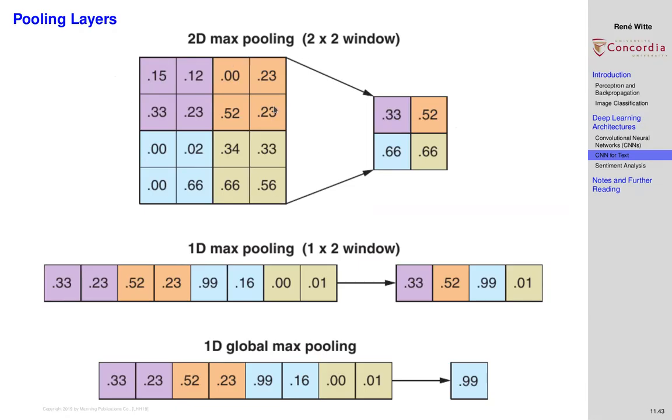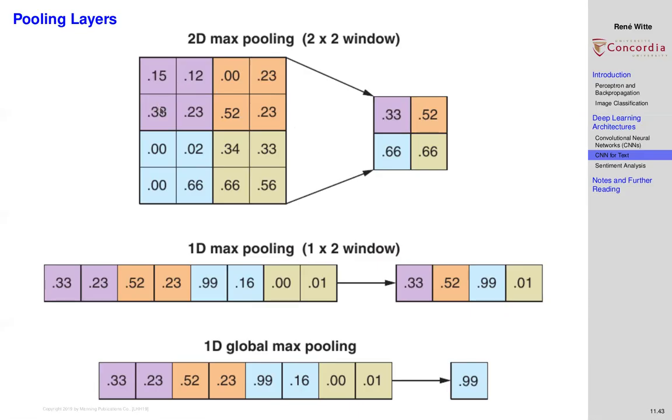In this case here, we are back to an image. So we want to do a 2D pooling operation, and the one we are using is the max pooling operation, meaning we take these 2x2 windows, we apply them over our 4x4 input image, and then in each 2x2 window, we are looking for the maximum element.